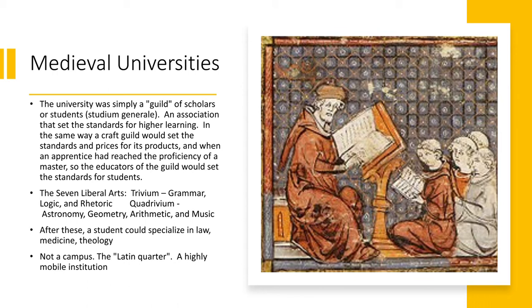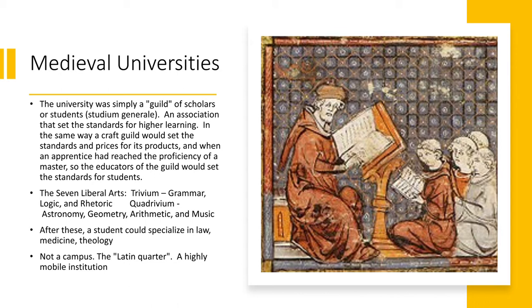Now, one of the big differences is that it wasn't a campus like it is today. You go to a college, a lot of people love visiting their college campus and say, oh, it's such a beautiful campus, right? That's not what was happening back then. It wasn't a campus. It was basically a part of town. They were renting rooms in buildings, sometimes above stores, sometimes above taverns, where there were restaurants, if you will, downstairs.